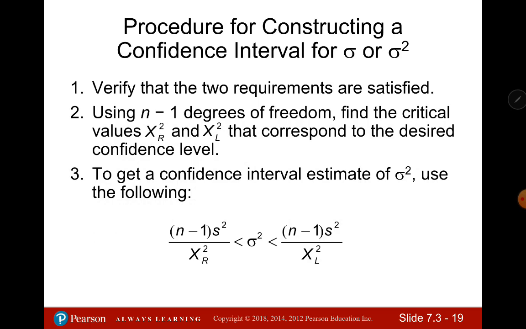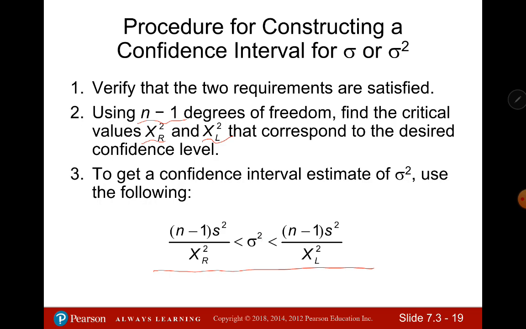So the procedure for constructing the confidence interval for sigma or sigma squared. First, always check the requirement. Second, we use the degrees of freedom, n minus 1, to find again two critical values. After that, we just write our confidence interval into that format. Make sure you know sometimes we are talking about a confidence interval for variance, so that will be sigma squared.